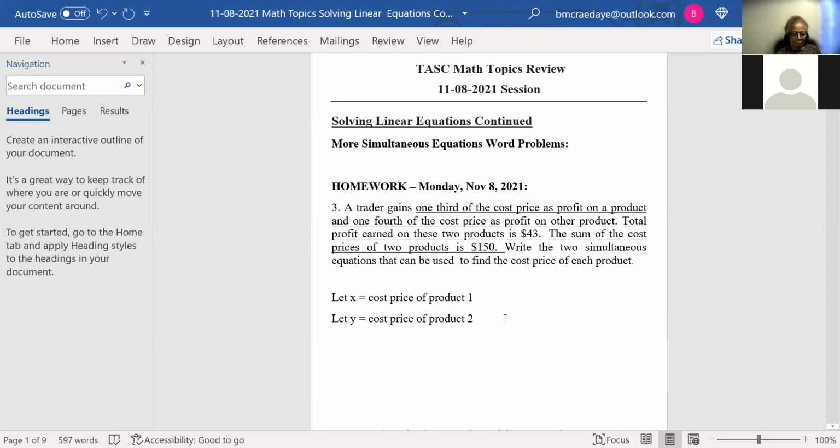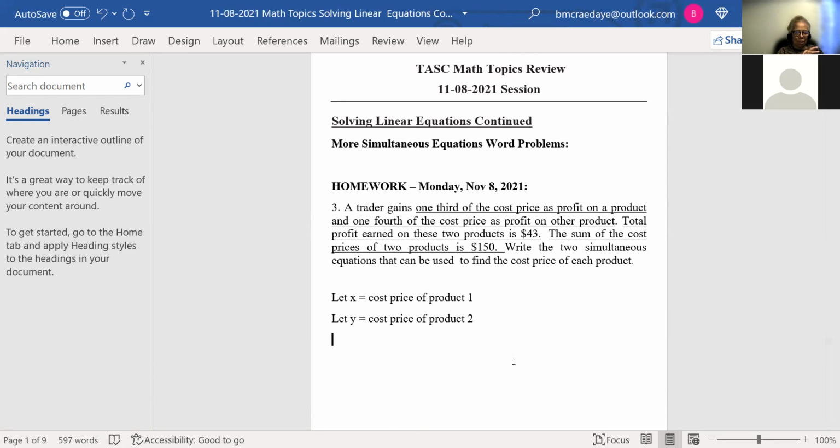How would I write that as an equation? In other words, translate the sum of the cost prices of 2 products is $150 to a mathematical equation. What would I write? You write like 150.